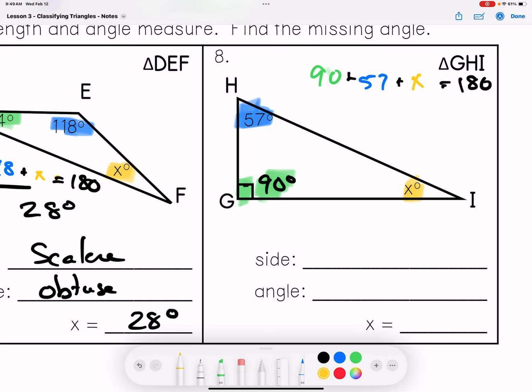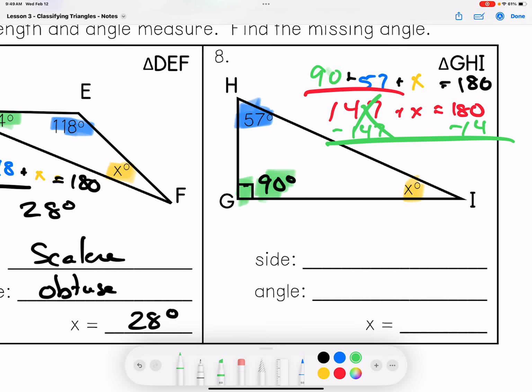And then all you do, same thing we've been doing, add them up and then subtract from 180. So it's 147 plus x equals 180. And then subtract your 147. And you're left with x equals 33 degrees.